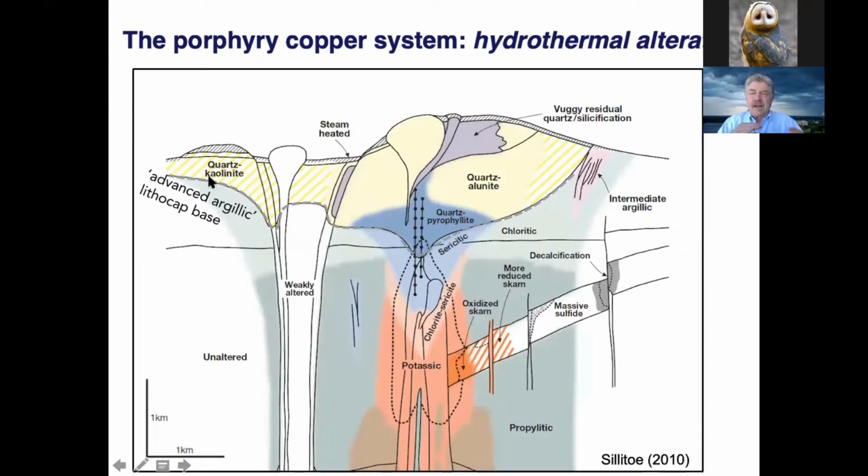And this is a relatively shallow, upper maybe 500 meters or possibly a kilometer depth of advanced argillic alteration following a permeable lithology. Therefore, using the term lithocap, cap meaning it's sitting over the intrusions. And there's a variety of alteration we'll discuss in that lithocap.